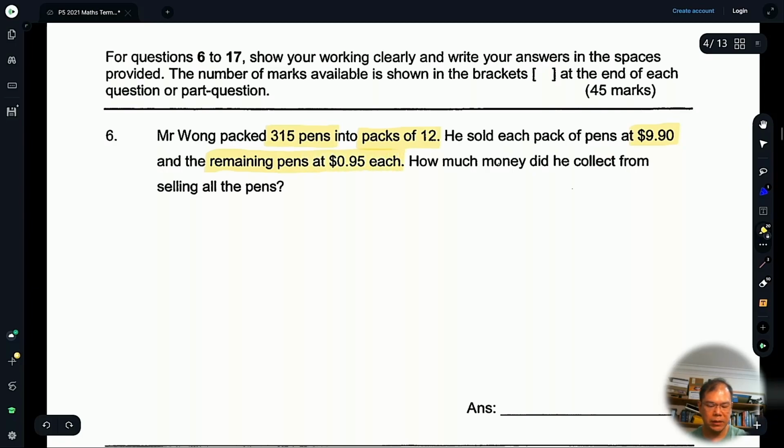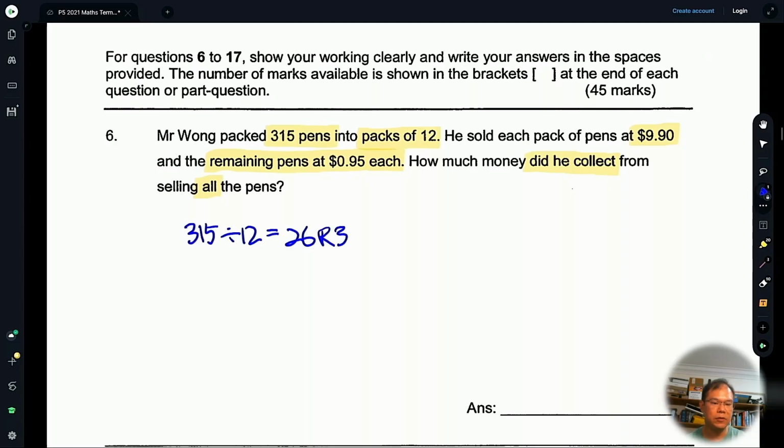How much money did he collect from selling all the pens? Right? So in this case, he packed them into packs of 12. So 315 divided by 12, you will get 26 with a remainder 3. Now if you're using a calculator, you realize that you will get something like this, right? Let me open up the calculator.